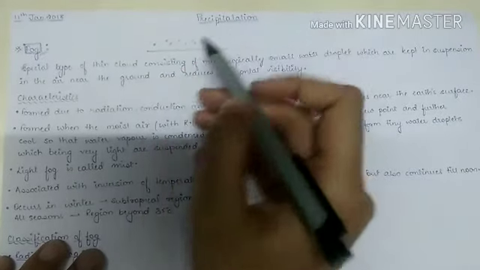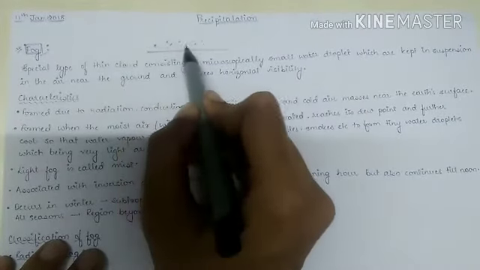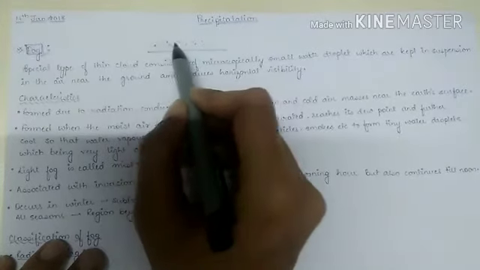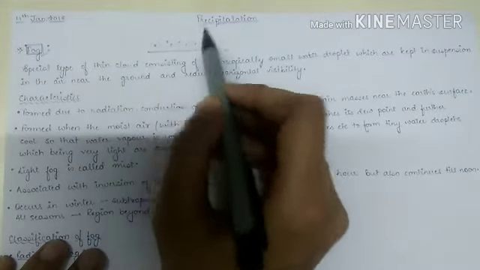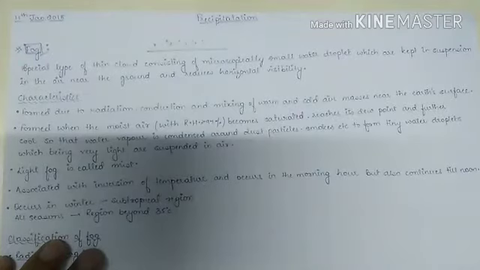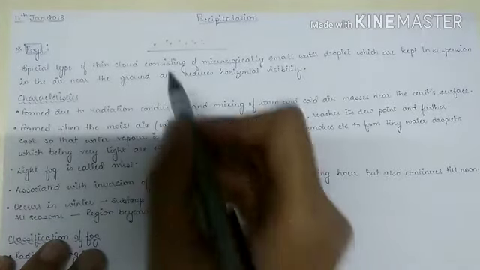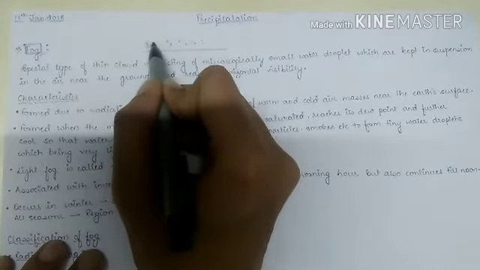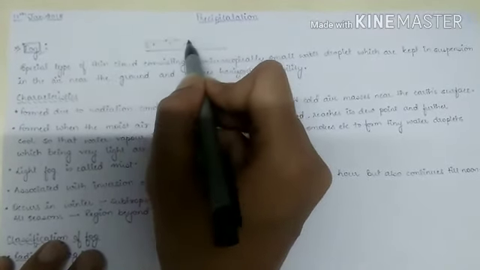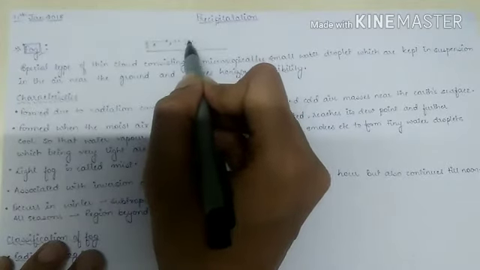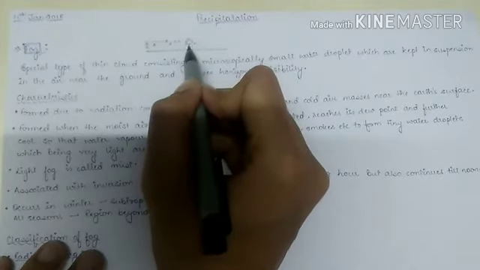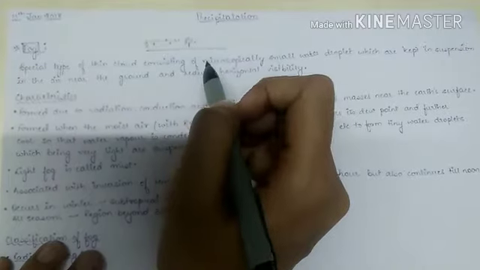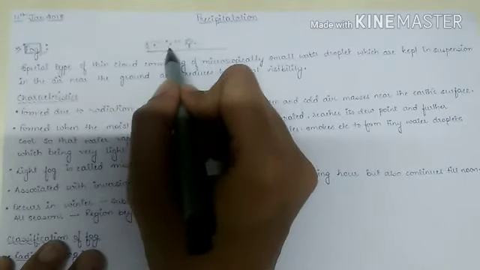And these droplets are near the ground and they reduce our horizontal visibility. That means if we are standing here, then we can't see the object placed here. Okay, so our visibility is reduced.